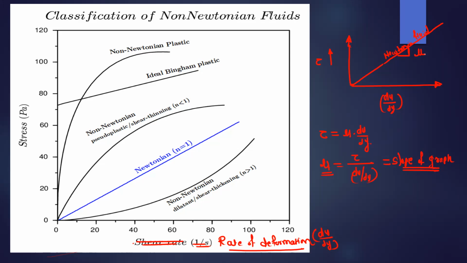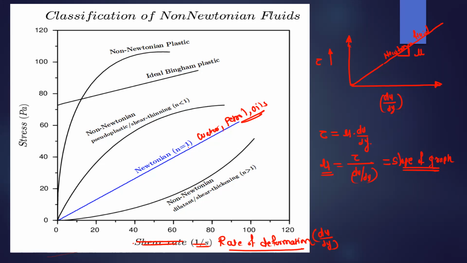So the slope of this graph gives directly the value of viscosity for a particular fluid. The fluids which follow Newton's law of viscosity, for example, are water, petrol, and oils. These are the common examples of Newtonian fluids.